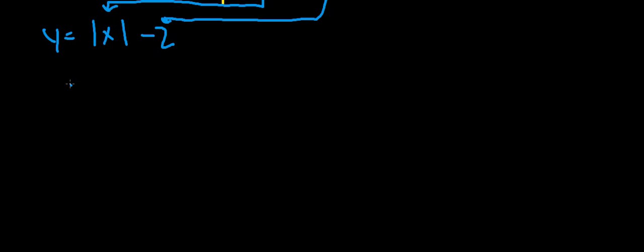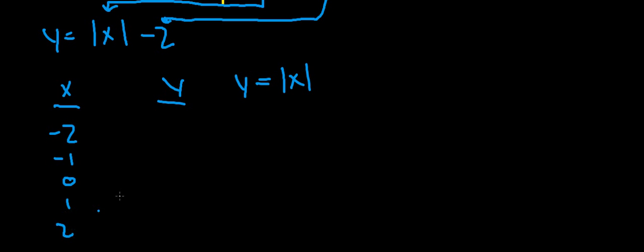So let's say we have x and y, and let's find the values for y is equal to the absolute value of x. We'll do minus 2, minus 1, 0, 1, and 2. We're just going to take the absolute value of x. So for this it would be 2, for this it would be 1, absolute value of 0, 0, 1, and 2.